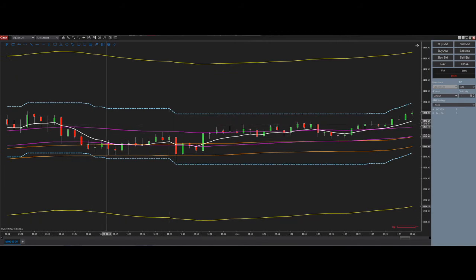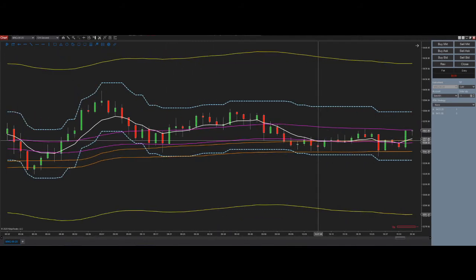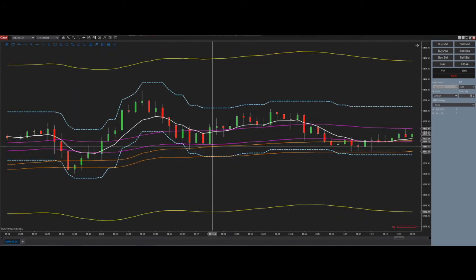And then here also orange was a support, though they went down under magenta color. Upper one was resistance until they broke and went up there. Same here.